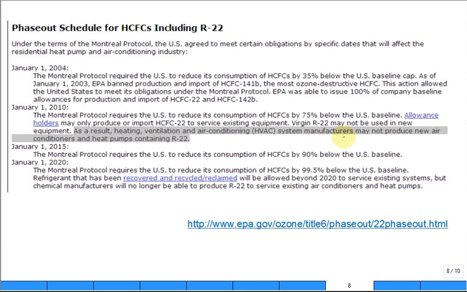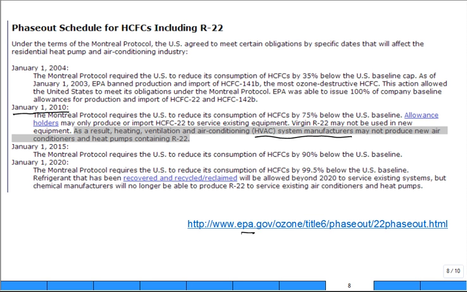Here is more on that phase out from the EPA. Went to the EPA website and took a look, and as of January 1st, 2010, because of the Montreal Protocol, the U.S., blah, blah, blah, as a result, HVAC, heating, ventilation, air conditioning systems manufacturers may not produce any new air conditioners or any new heat pumps that use R22.